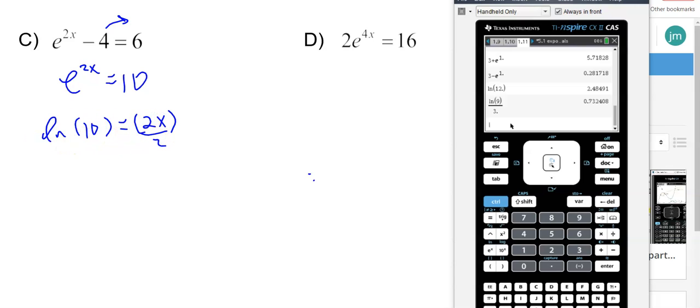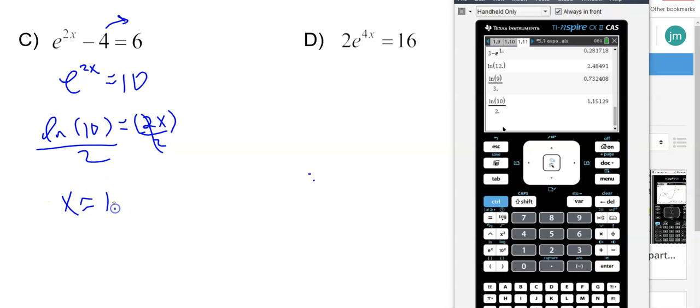And last step, divide by 2 to solve for x. That's the exact answer. You can get your calculator out. Natural log of 10 divided by 2, x is approximately equal to 1.1513.